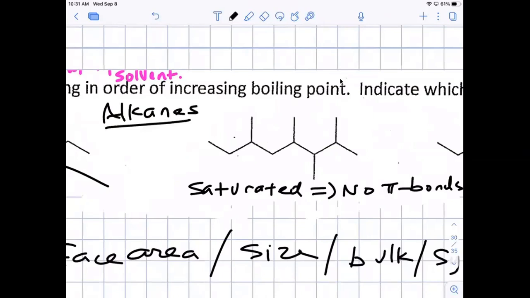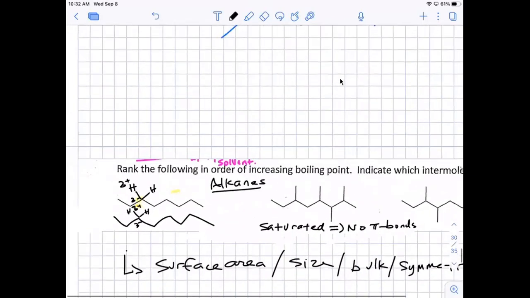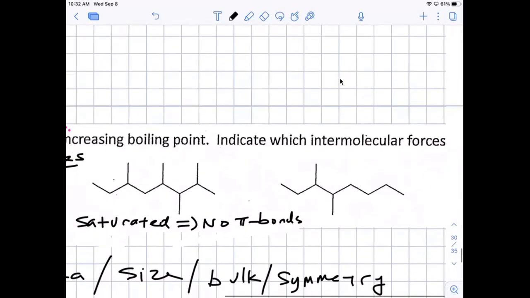Hope I didn't say alkenes earlier because I know I said that word, but they're all alkanes. So saturated means that every space on that carbon is filled in with a hydrogen or another bond to carbon. So no pi bonds, all sigma bonds, right? So this will also give us another chance to do a little nomenclature.